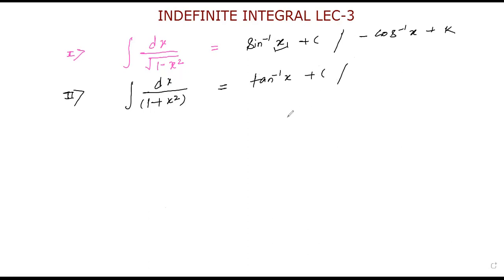But as per the identity of inverse trigonometry, tan inverse x plus cot inverse x is pi by 2. So again, you can replace tan inverse x by pi by 2 minus cot inverse x. So you can write it as minus cot inverse x plus pi by 2 plus c. Suppose this is again k, some new constant.